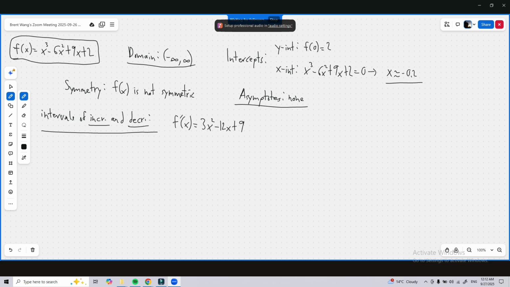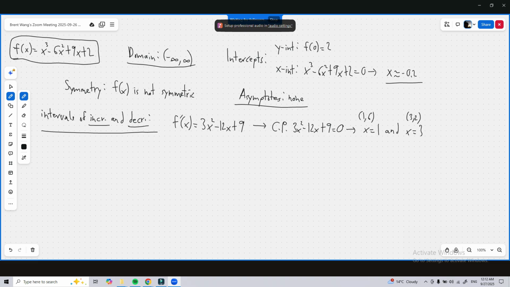So critical points occur when the first derivative is 0, which is x equals 1 and x equals 3. F of 1 is equal to 6, and f of 3 is equal to 2.